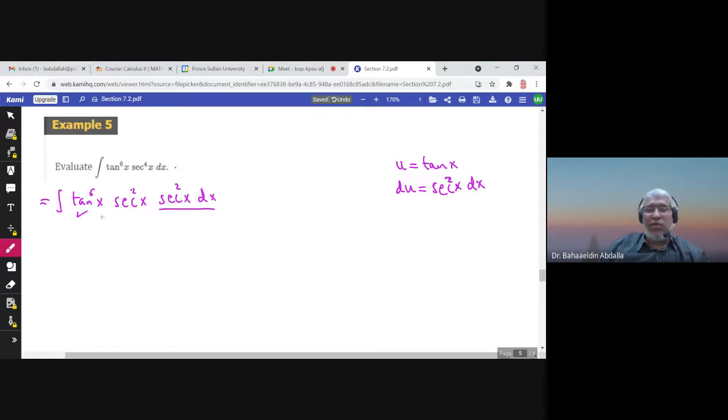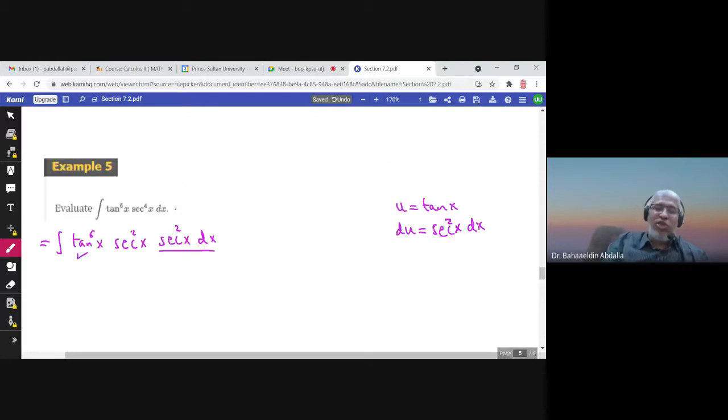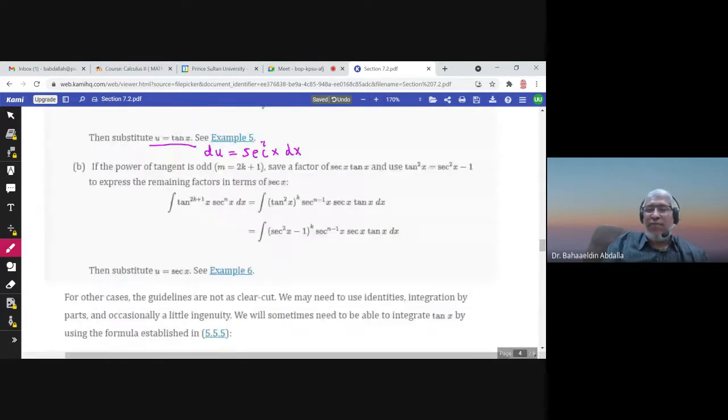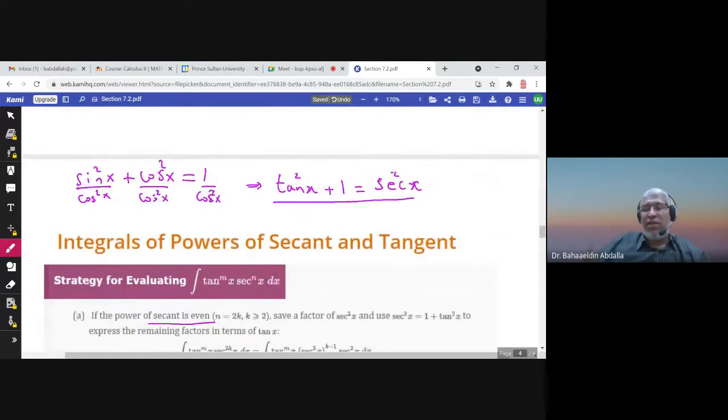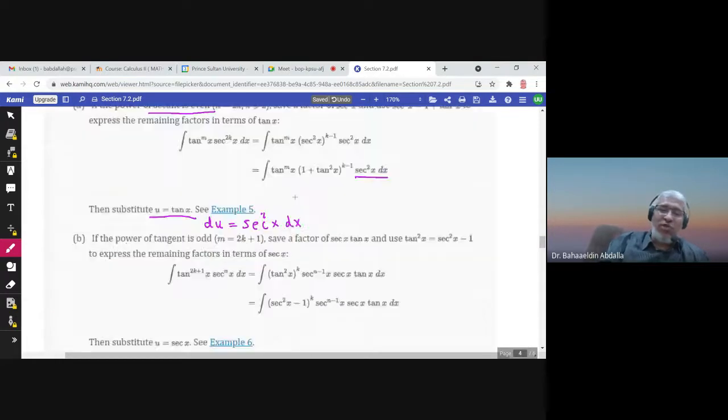I'll take it as u. But secant square is not welcomed. I have to change it to tan, so I take it as u. So how to change secant square to tan? This is the formula: secant square is tan square plus 1.